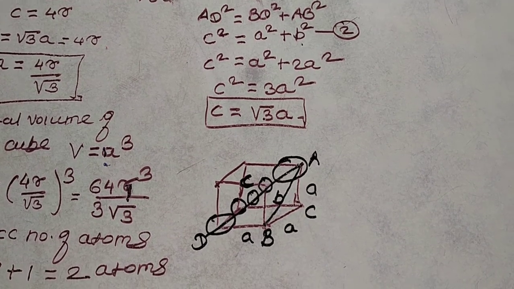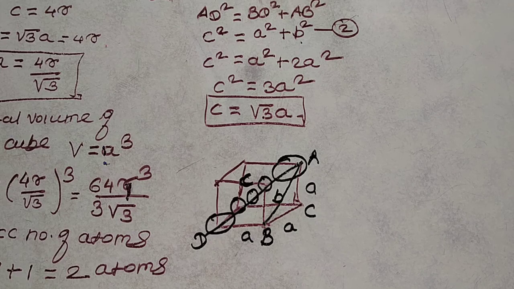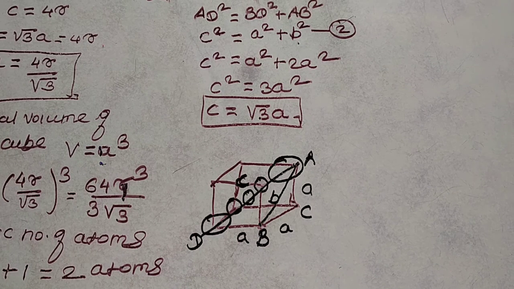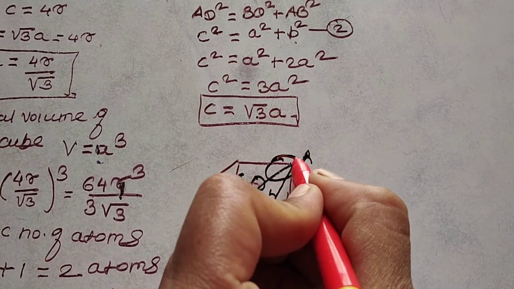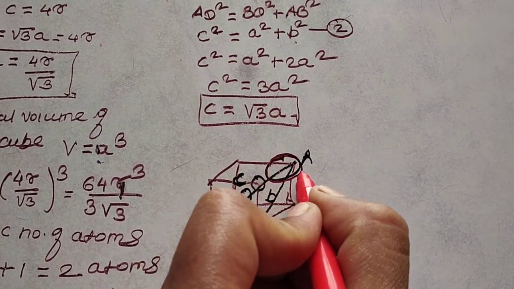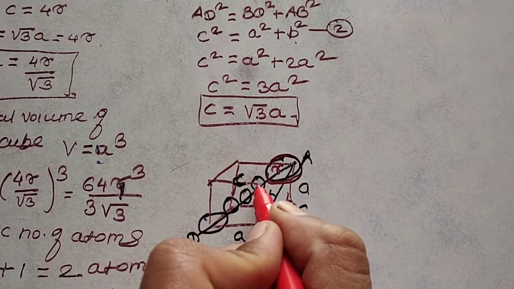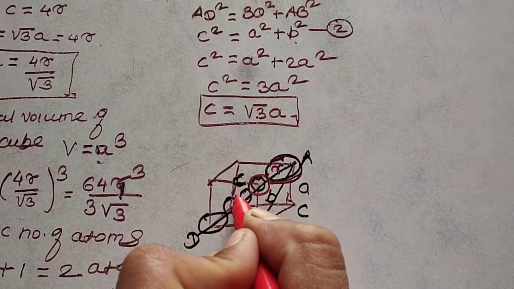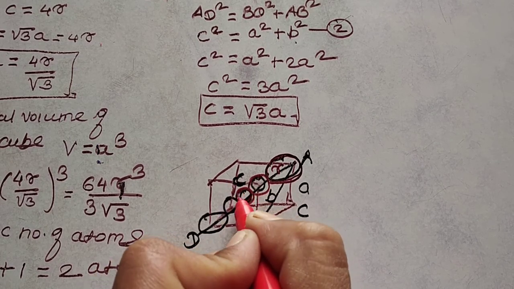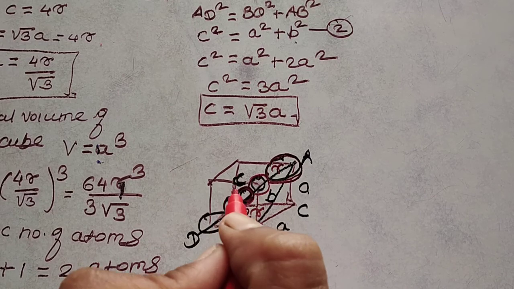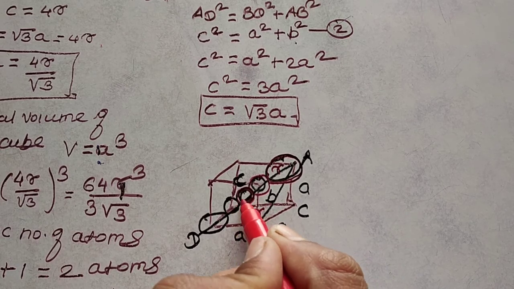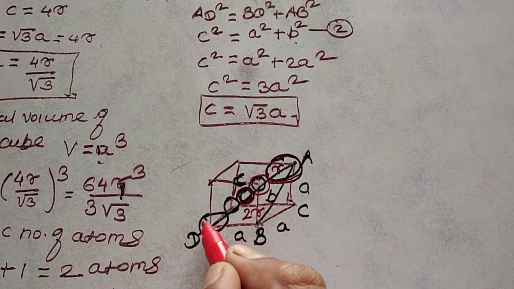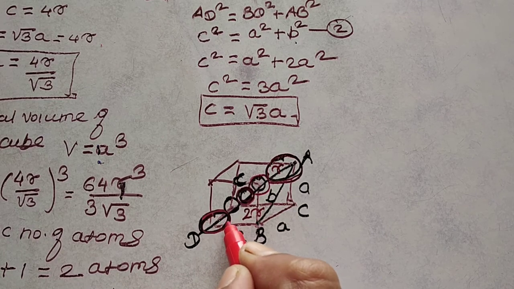What is the value for c? How can we calculate it? This atom has radius r, then this is the body center atom with radius... this is 2r, the body center, this is a backside atom and this is also r.